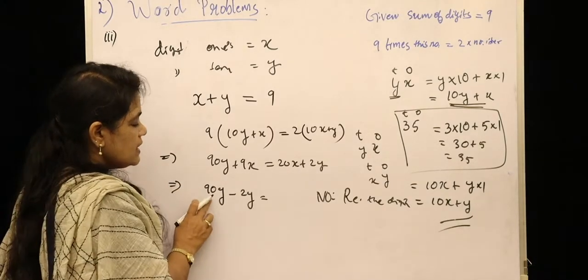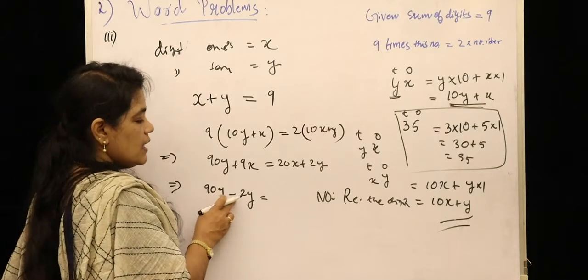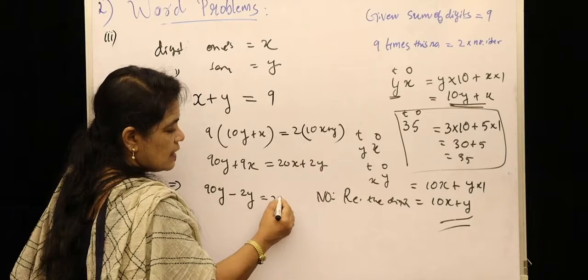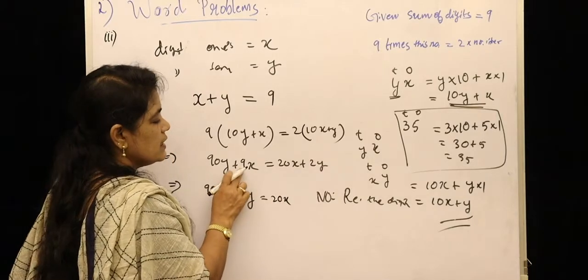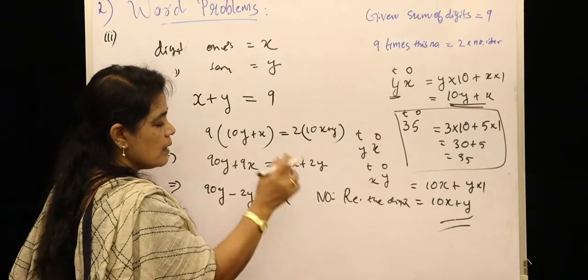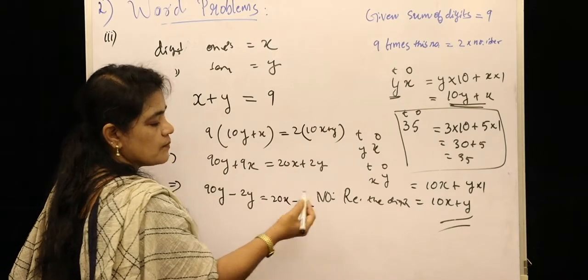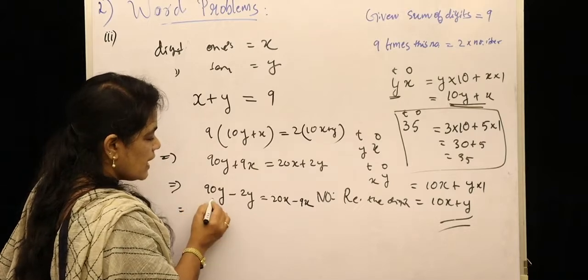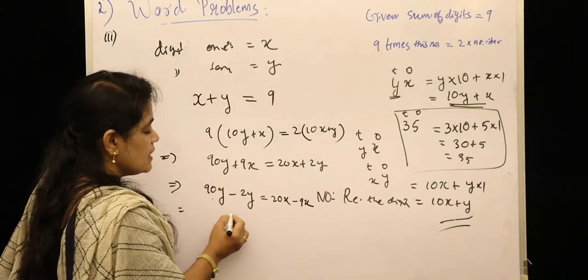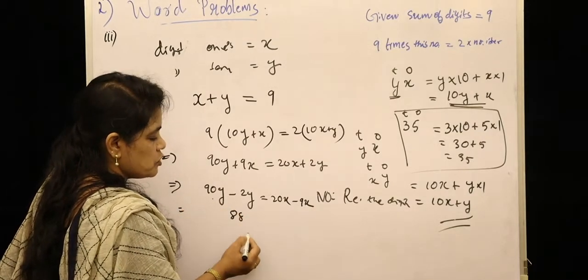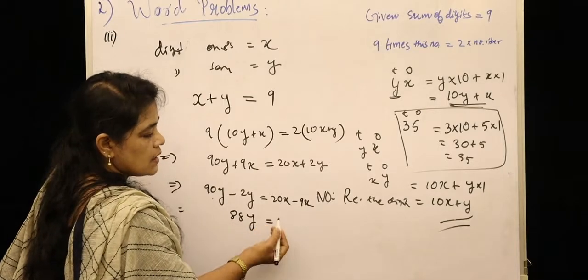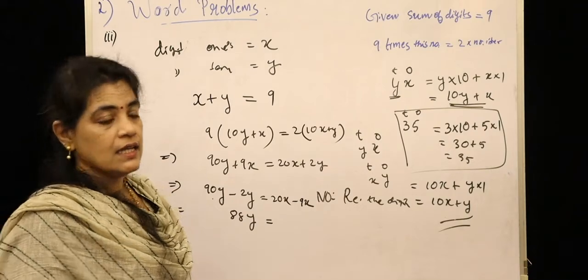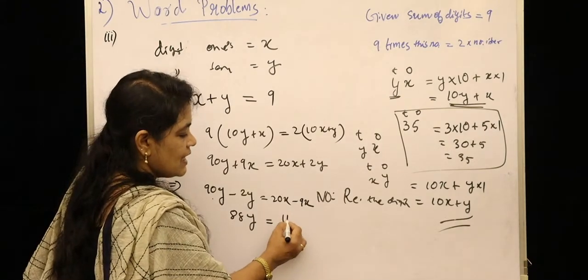So 90y minus 2y equal to, here already 20x is there, and this 9x becomes minus 9x. So here you can solve: 90 minus 2 is 88, so 88y is equal to, 20x minus 9x is 11x.